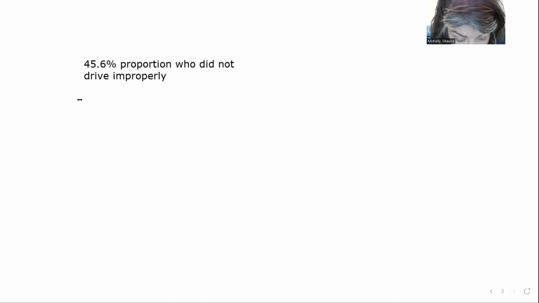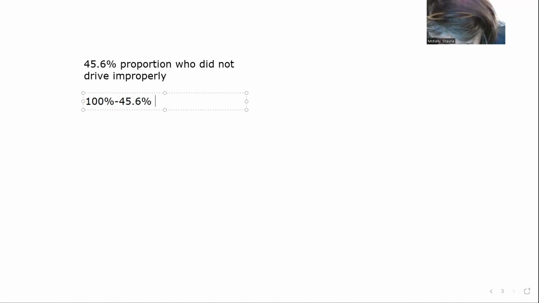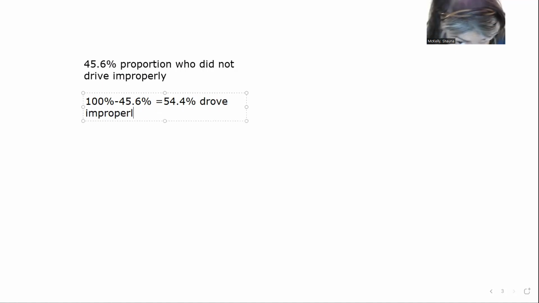That means that 100% minus 45.6%, which is a total of what is that? 44, no, 54.4% drove improperly.